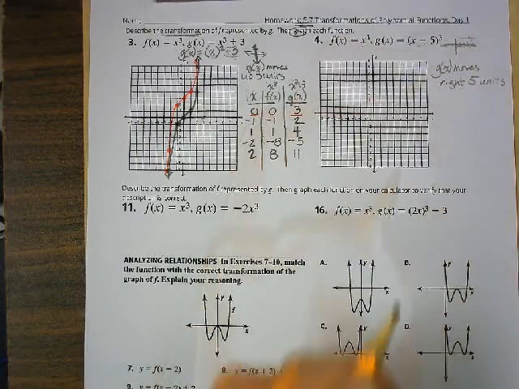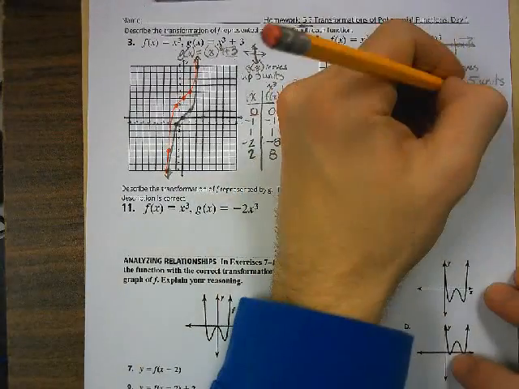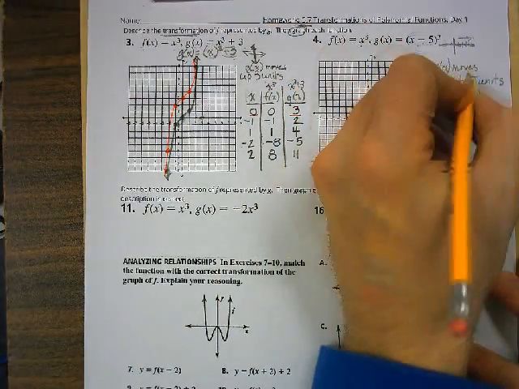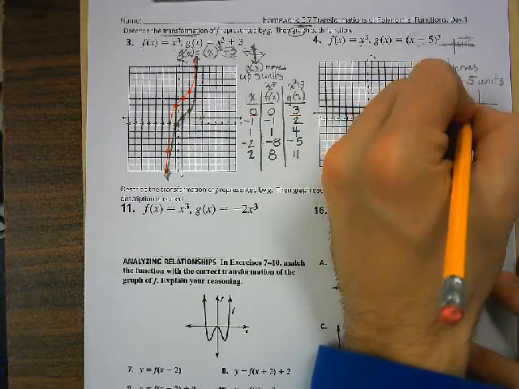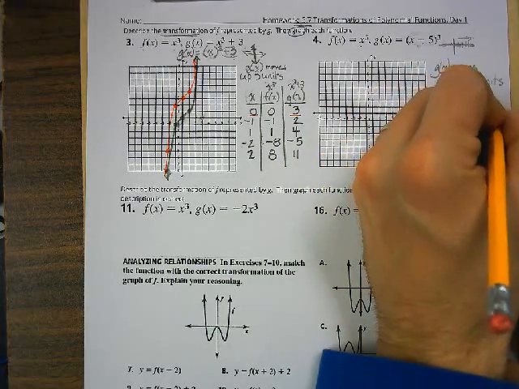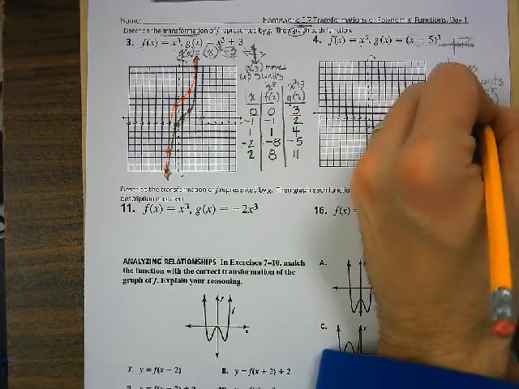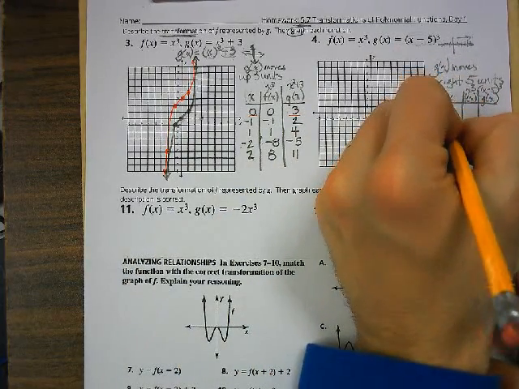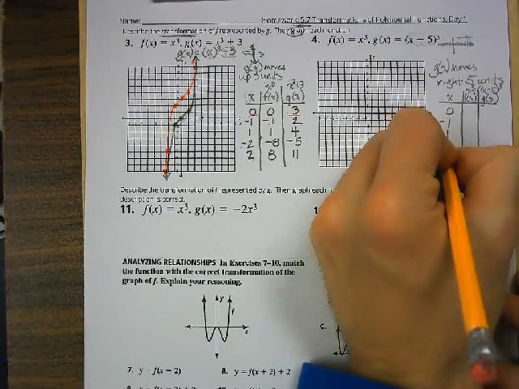We can use the t-chart that we used from earlier. We've got our x, our f of x, which is just x cubed, and then our g of x, which is x minus 5 cubed. So we'll get x is 0, -1, 1, -2, and 2.